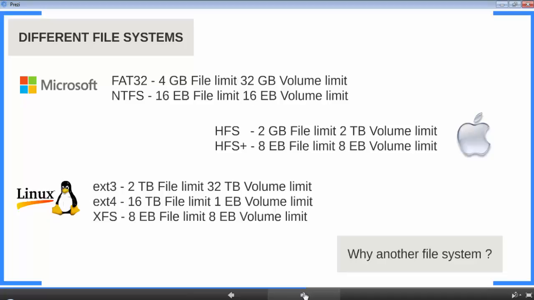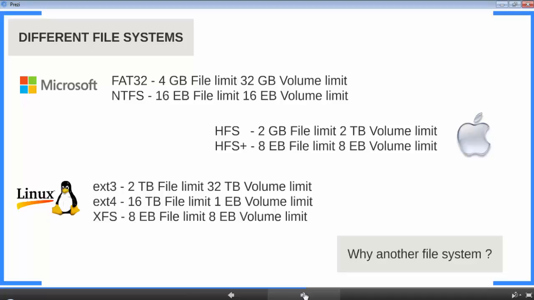So your drive can be of size 32 GB and not more with FAT32. The numbers listed in this slide are baseline numbers, okay? The size limits can be more or less based on the file system configuration. So, if you used Windows 95, 98 or Millennium version, you probably used FAT32.